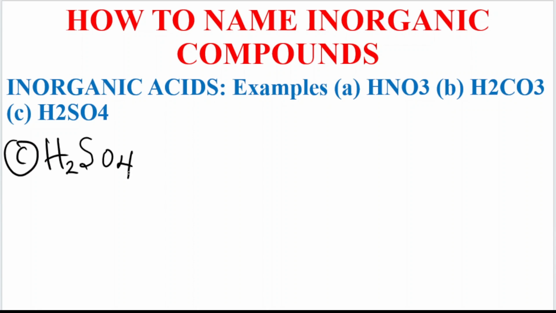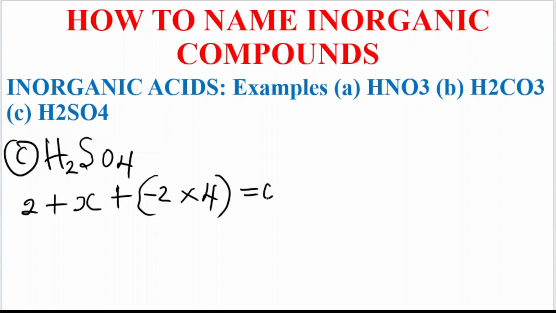H₂SO₄. 2 hydrogen, our central element is sulfur, plus x, minus 2 times 4 equal to 0.